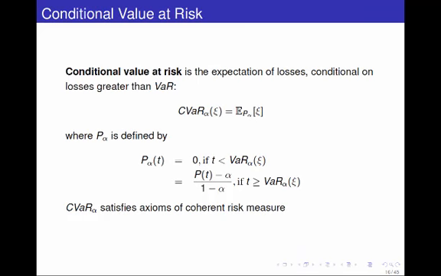Having said all these bad things about value at risk, let's see how conditional value at risk comes in and saves the day. So now the question the manager is asking is not anymore what's the worst thing that could happen to me 99% of the time.